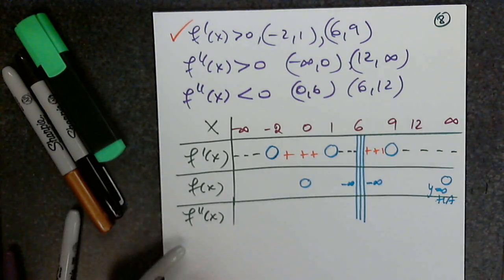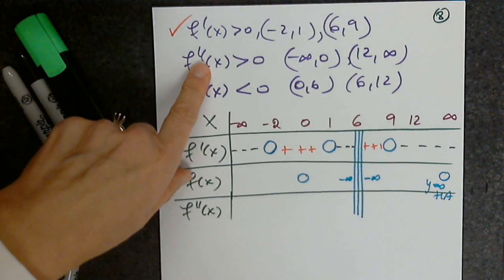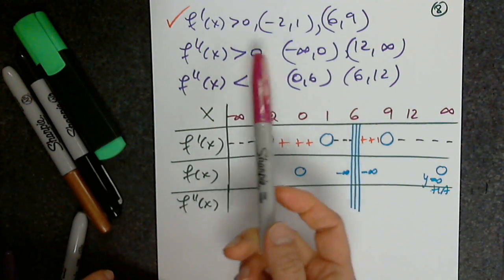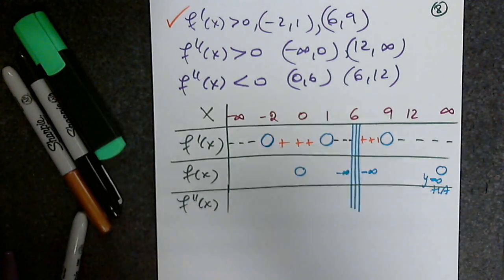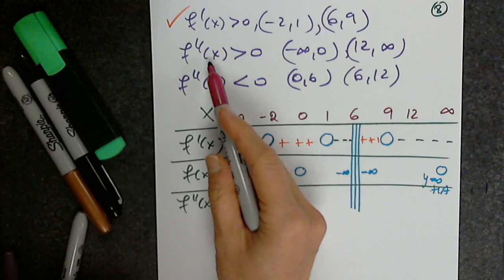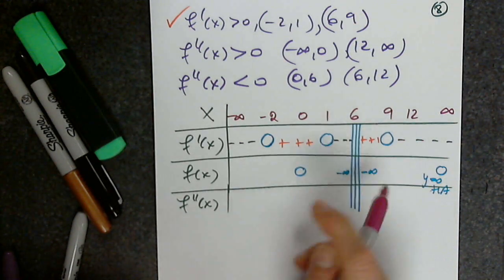Okay, perfect. So now the second derivative. Between negative infinity and 0. What is the sign of the second derivative between negative infinity and 0?